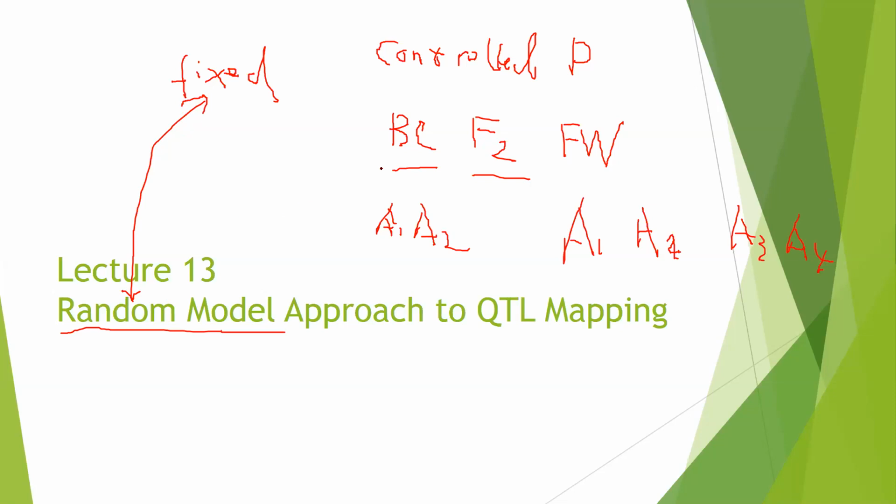In the fixed model, I hope you still remember this term, A, the additive effect, and D, the dominant effect. In a linear regression model, Y equals mu plus Z A plus W D plus error.